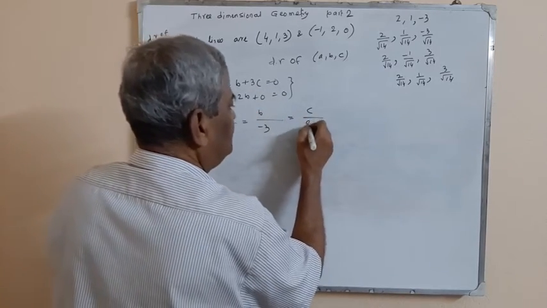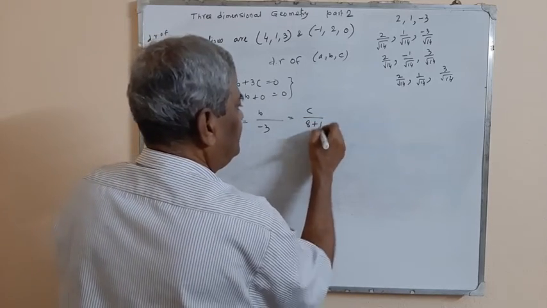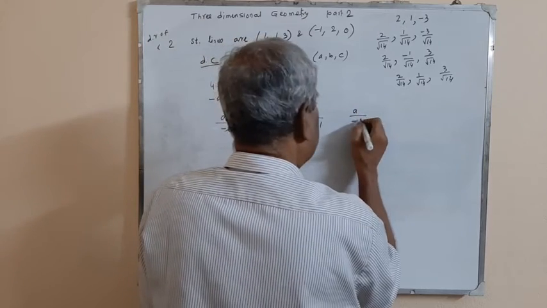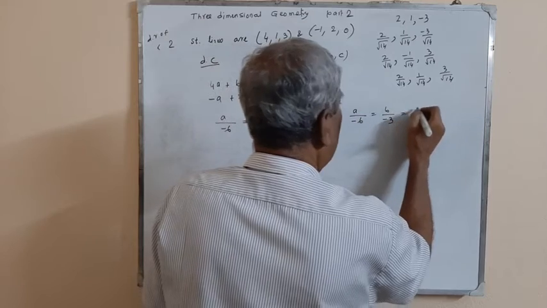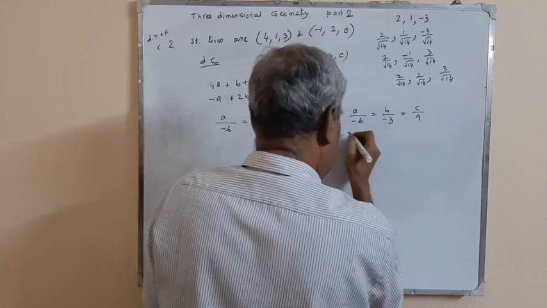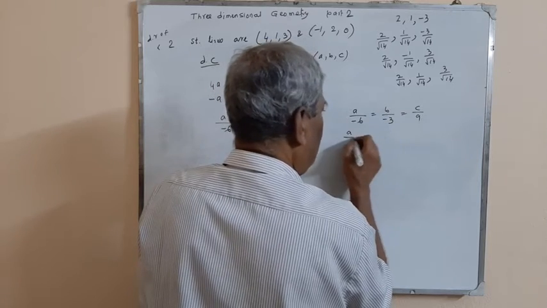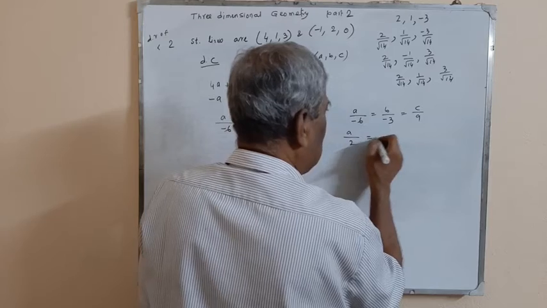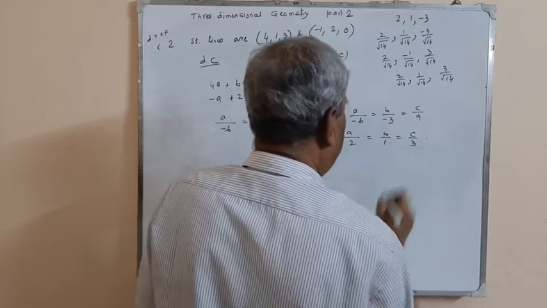8 plus 1. That is, we get A by minus 6 is equal to B by minus 3 is equal to C by 9. That is, cancelling by minus 3, A by 2 is equal to B by 1 is equal to C by minus 3.